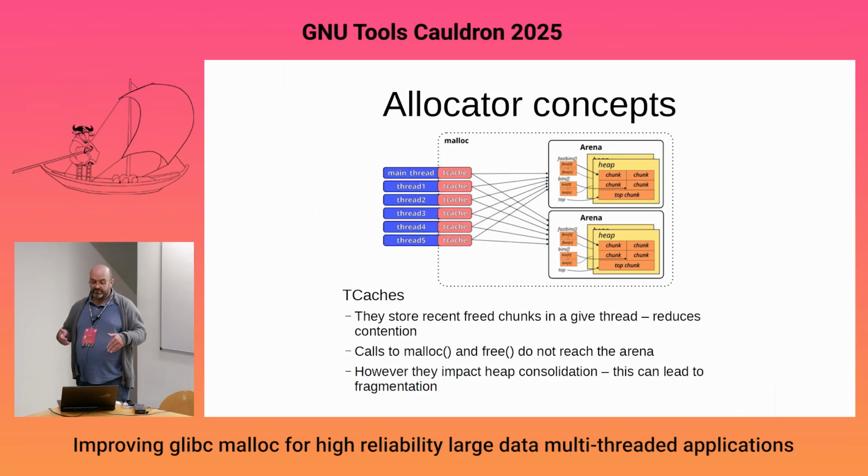That improves the performance because most of the time, a free or a malloc will never have to go back to the arena and create the contention of everybody trying to access the same arena. This significantly improves performance, but on the other hand, might create fragmentation because they will be holding pieces of the heap that, if they were given back to the arena, could be consolidated and freed, reducing the memory usage.